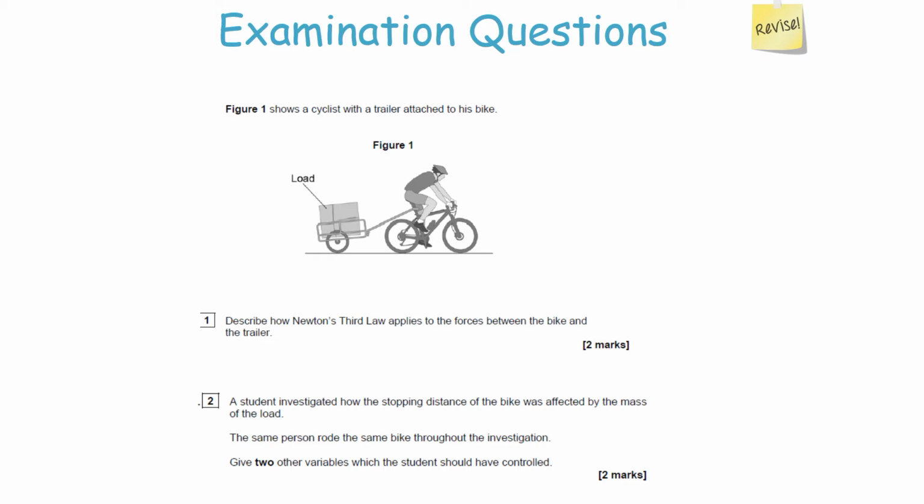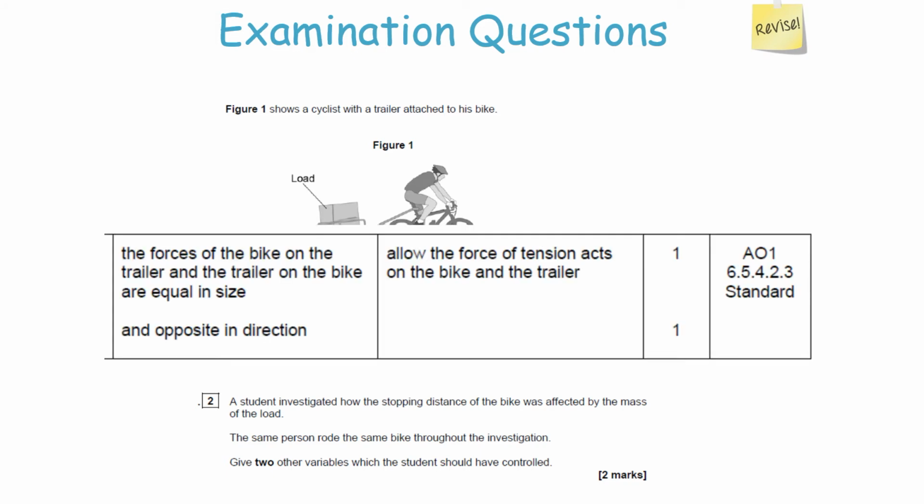There are two objects in this system: the bike and the trailer. So you would say that the force of the bike on the trailer and the force of the trailer on the bike are of equal size but in opposite directions. Remember, in Newton's third law it's the same size and same type of force but in opposite directions, and they act on opposite objects.